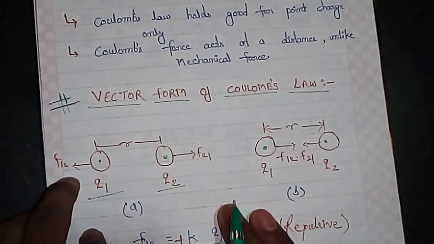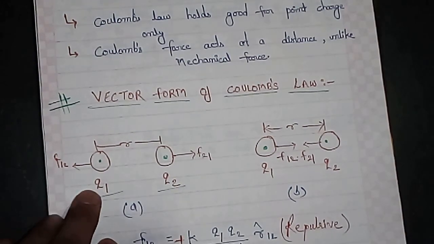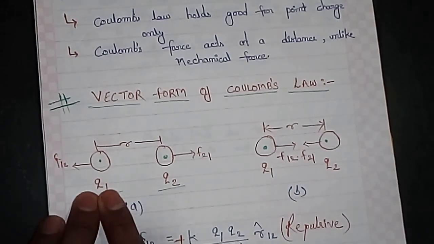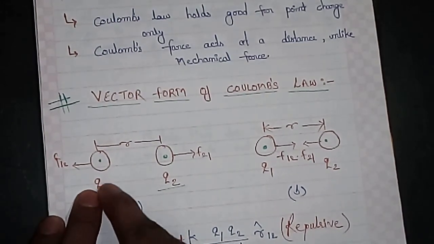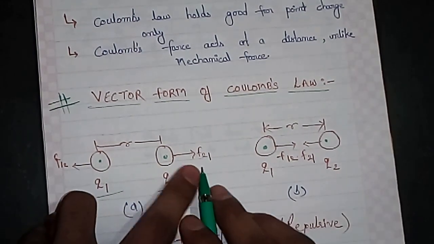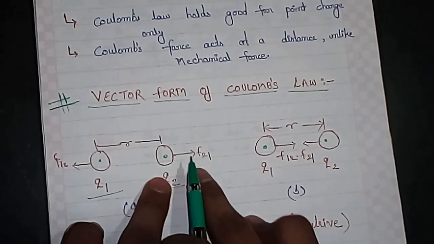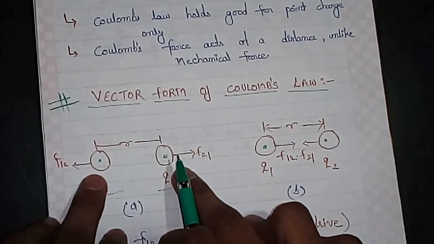Force F12 denotes the force experienced on q1 due to q2, and F21 denotes the force on q2 due to the charge q1.